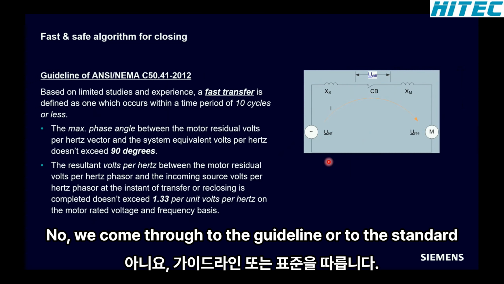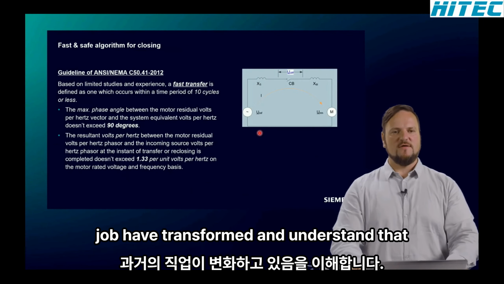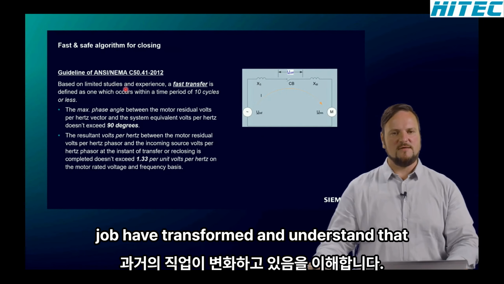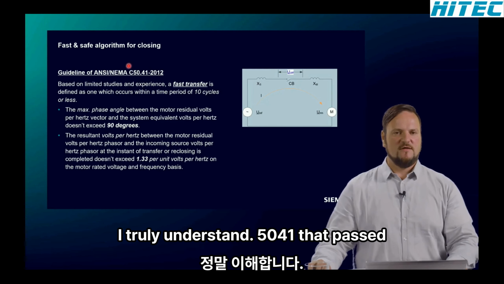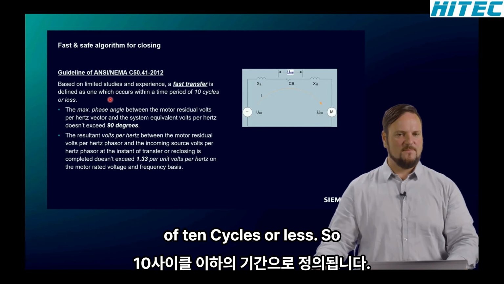Now we come to the guideline or the standard which belongs to the fast transfer. In the IEEE ANSI standard C50.41, it is written that a fast transfer is defined by a time period of 10 cycles or less.